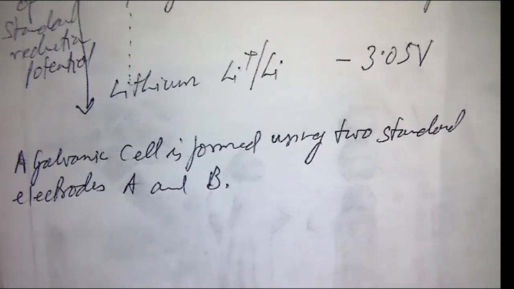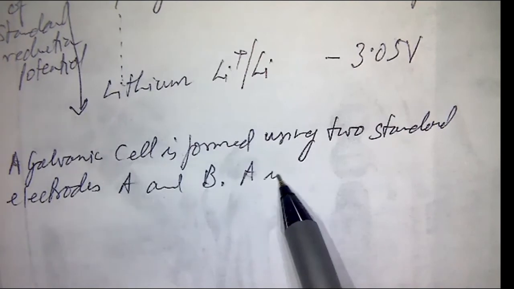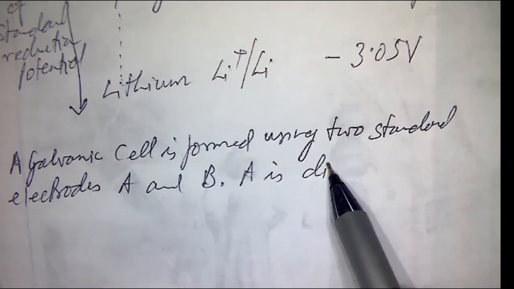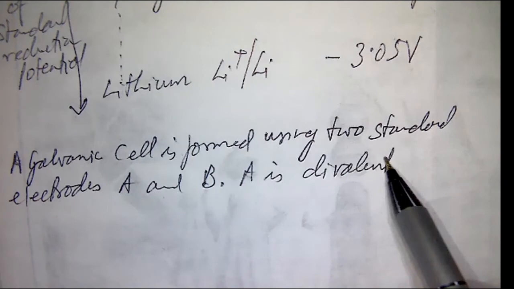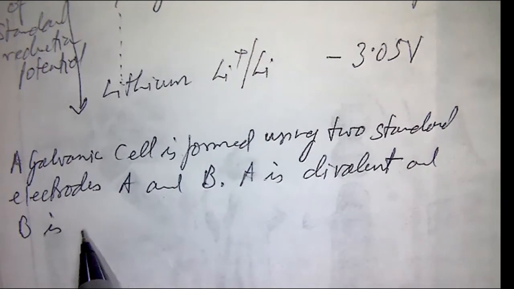What are they? A and B. A is divalent and B is trivalent.